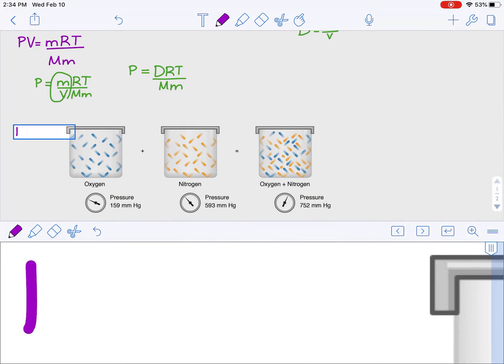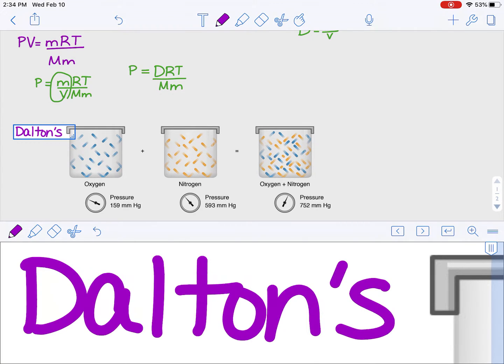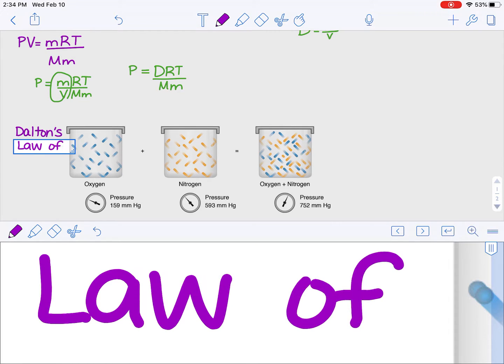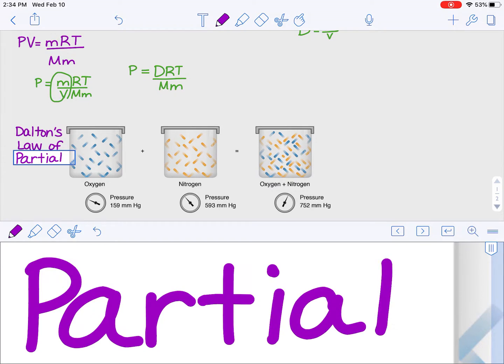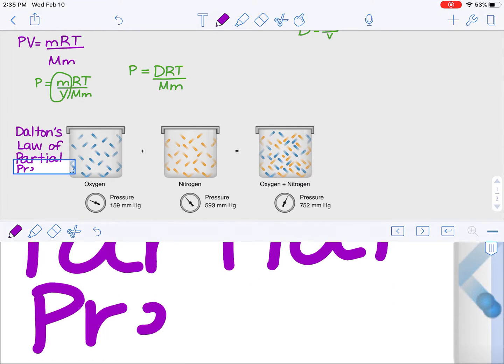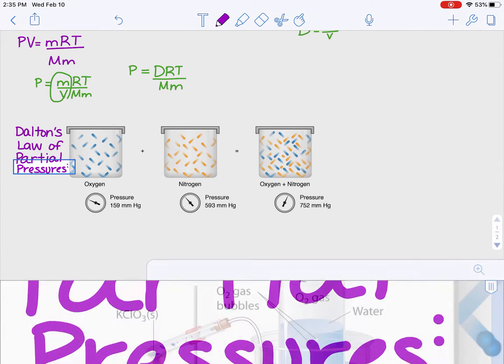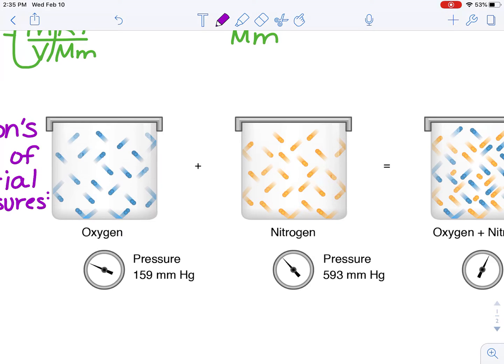Another concept that we did in lab, unknowingly to you at the time, is called Dalton's law of partial pressures. Looking at the visual, we have one vessel filled with oxygen gas and a second vessel filled with nitrogen gas.